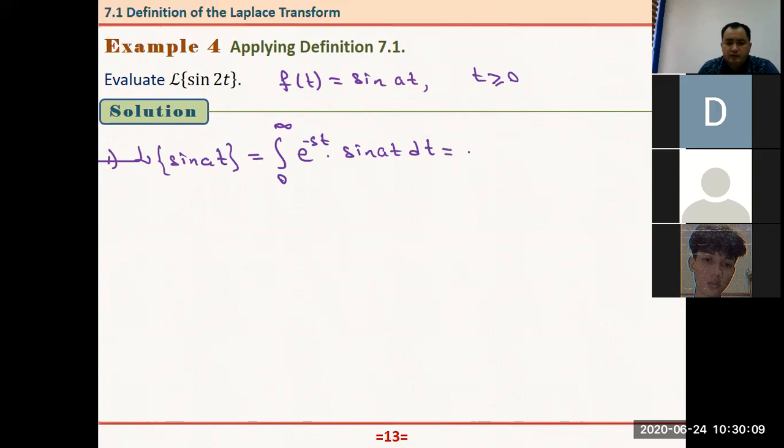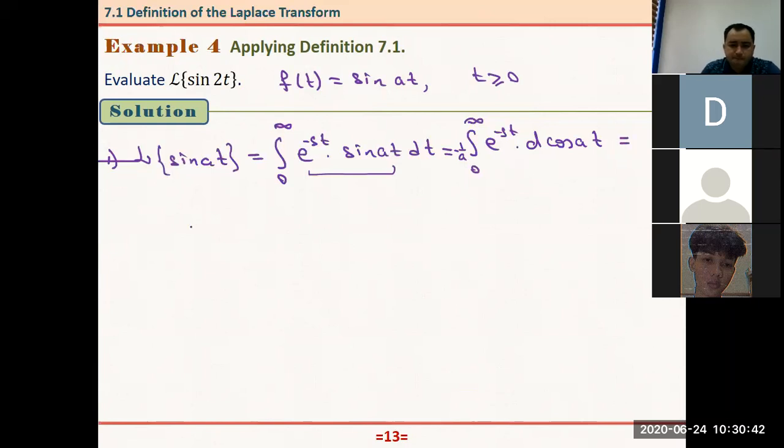So that is equal to the integral from 0 to positive infinity of e to the power minus st times, bring this inside, right? Here we have d of cosine of at, right? But actually, if you just differentiate this, we will have minus a times sine of at. So here I need to divide by a, so minus 1 over a, right? It will actually balance this. When I differentiate this, I will get back the original expression here.